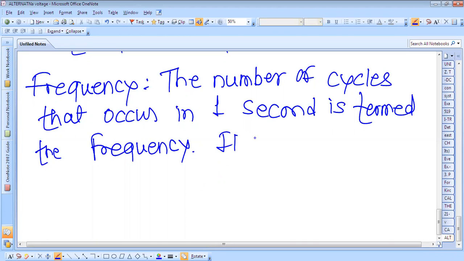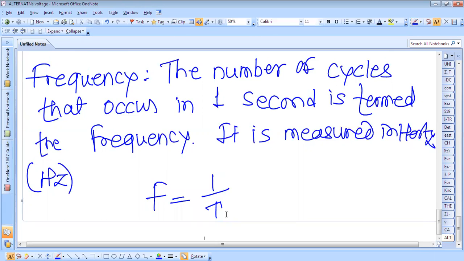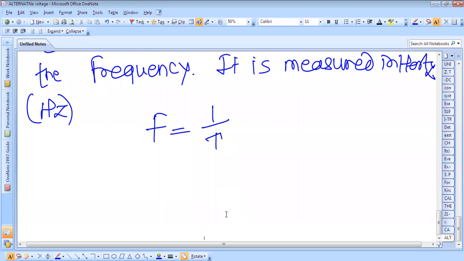It is measured in hertz, HZ. The frequency is generally the reciprocal of the time period. Frequency is in hertz and time is in seconds.